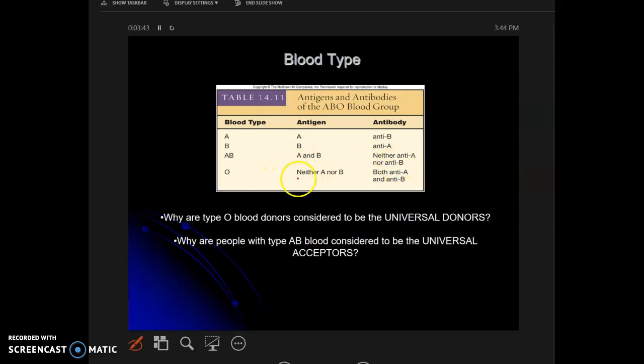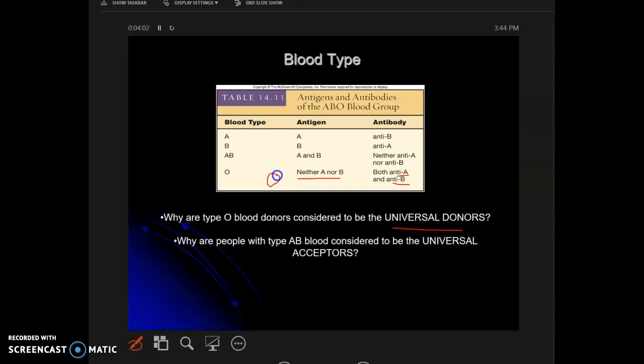O type blood has an RBC which does not have A or B antigen. So it will have the soldiers that will target both, anti-A and anti-B. O are considered universal donors. Why? Because look at their RBC.